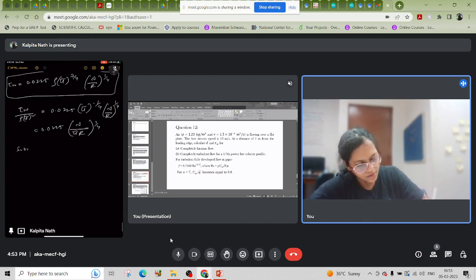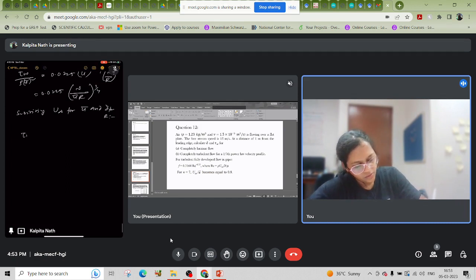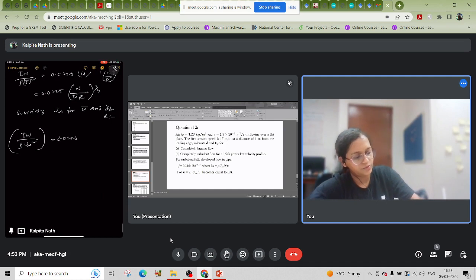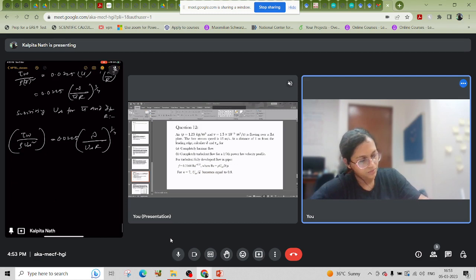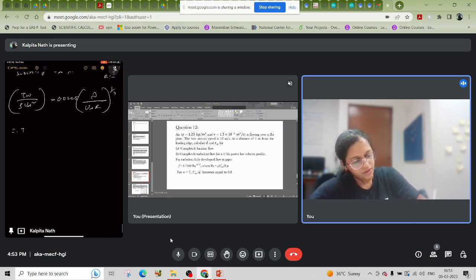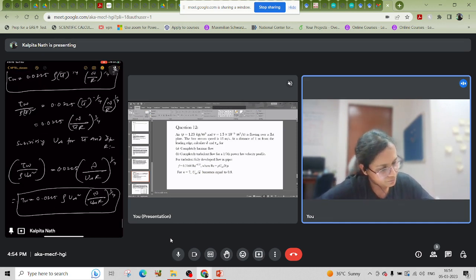Now substituting U infinity for U bar and delta for R. Tau w by rho U infinity square is equal to 0.0225 nu by U infinity delta to the power 1 by 4. Therefore, tau w is equal to 0.0225 rho U infinity square, nu by U infinity delta to the power 1 by 4.